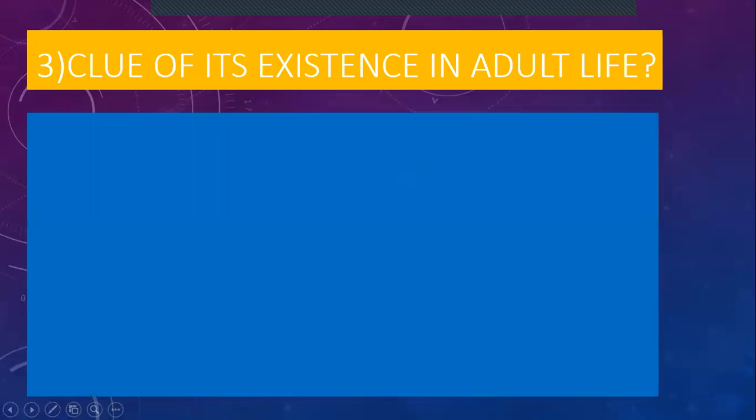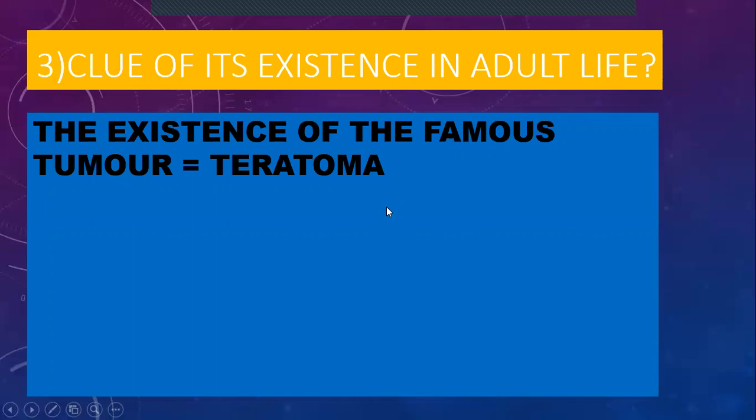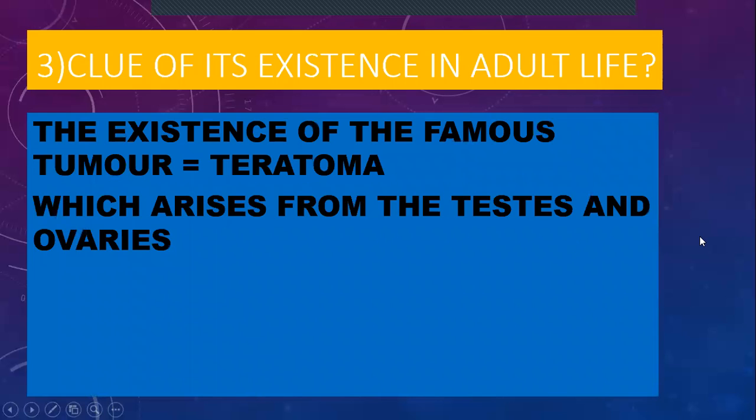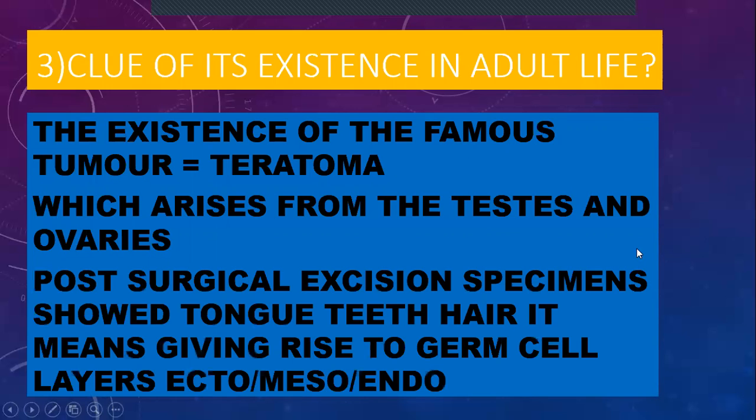Well, the clue are two things. One I just mentioned, that from where did you come from? Mom and dad. Okay, next, the existence of the famous tumor teratoma. And this teratoma arises from the testicles and ovaries. And based on that, and the post-surgical excision, the specimens show tongue, teeth, hair.